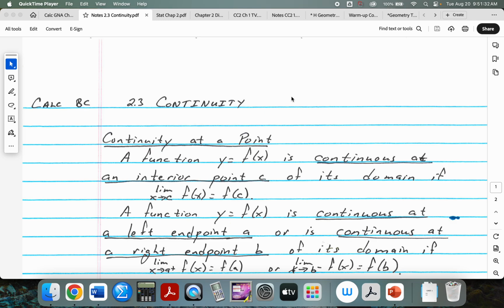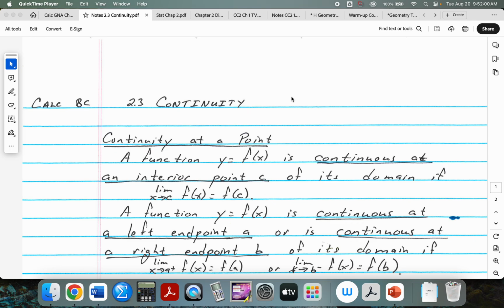A function y equals f of x is continuous at an interior point c of its domain if the limit as x goes to c of f of x is equal to f of c. So where the function is headed is equal to what the value of the function is at c. Notice that it says at an interior point c of its domain.